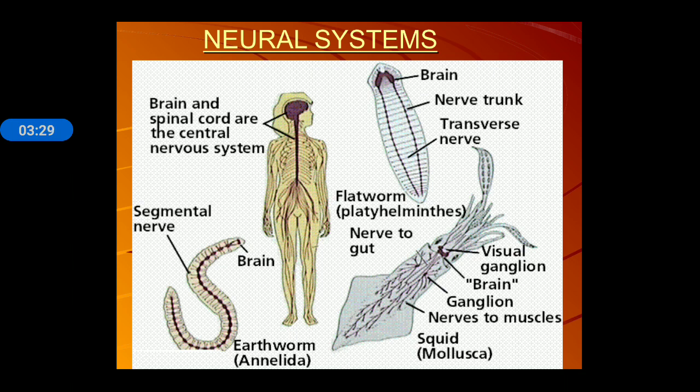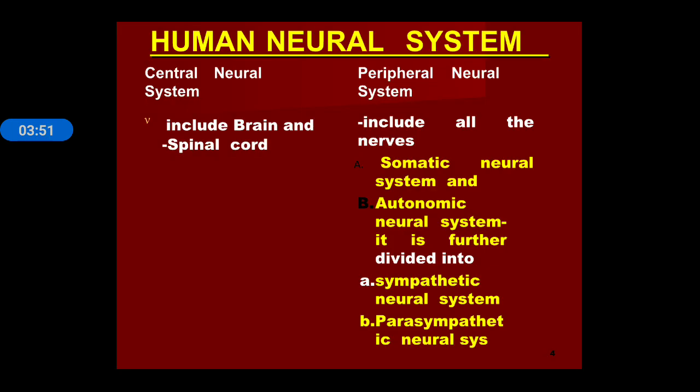In annelida, like earthworm, segmented nerves are present. And in molluscs, a tuft of neurons, meaning a group of neurons, is present. So according to different animals, neural system and its functioning differ.